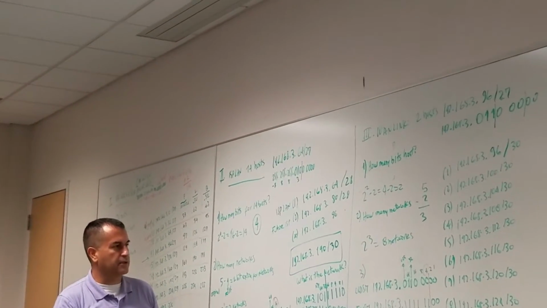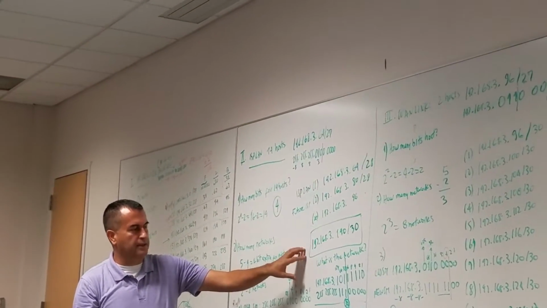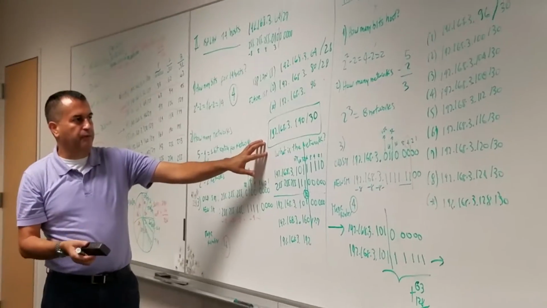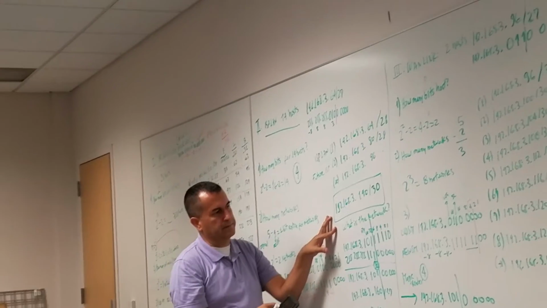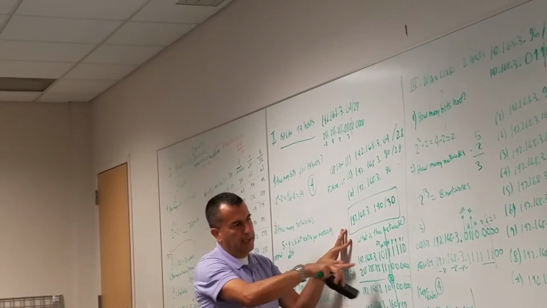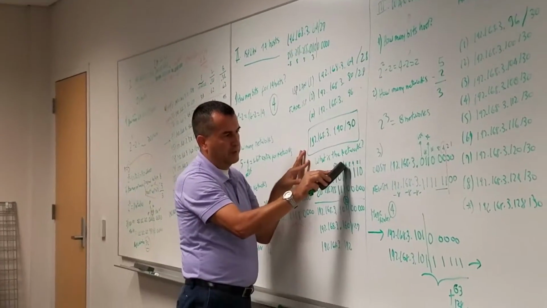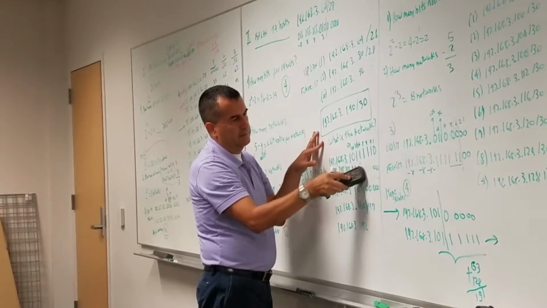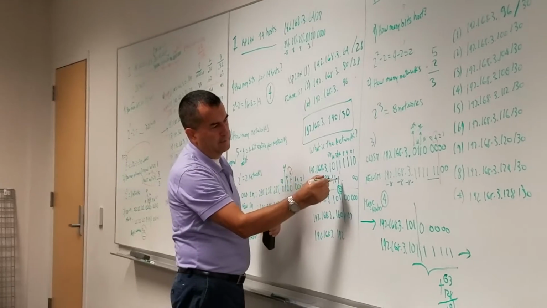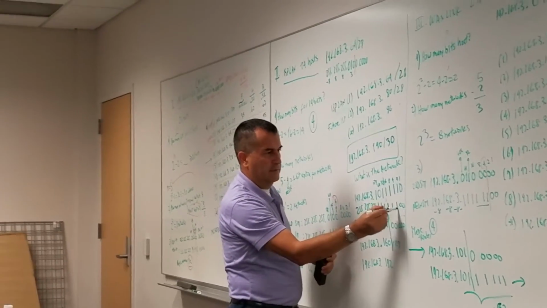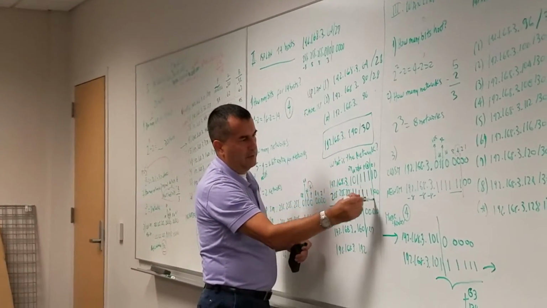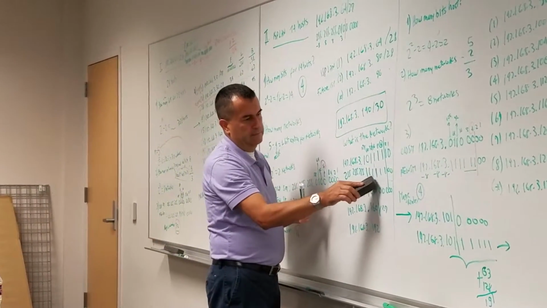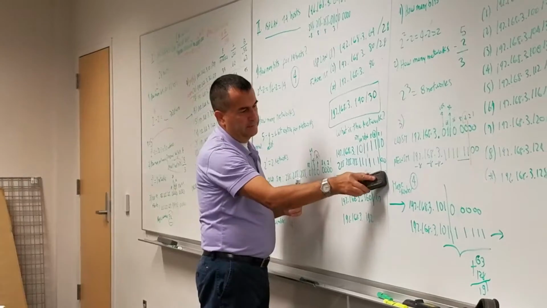Alright, so they're asking us, what is the network that this address belongs to? Let's paraphrase over here. We have 190. Now we don't have this one this close, we have it over here. And then what did we do?